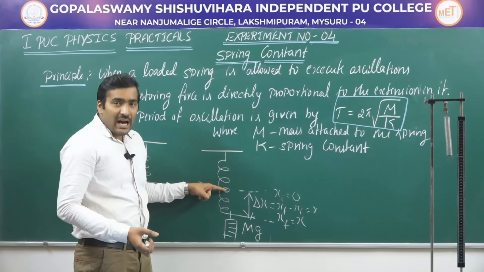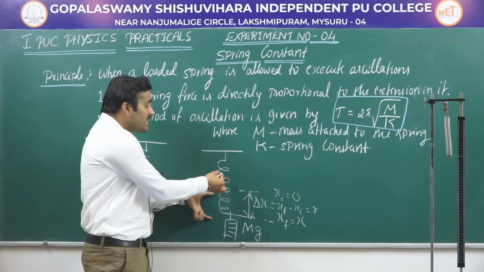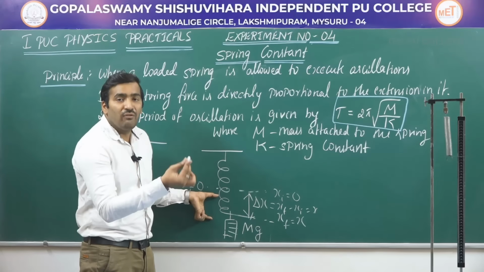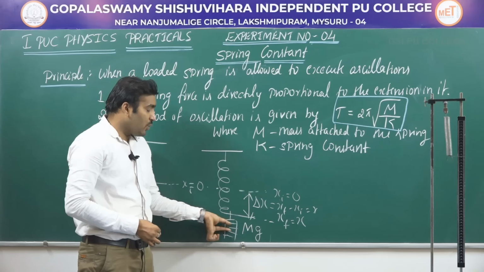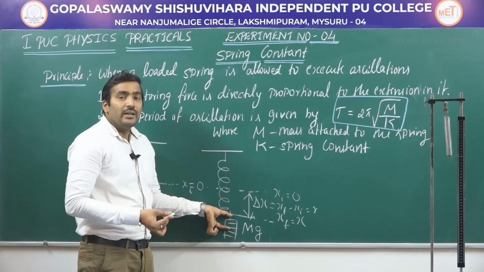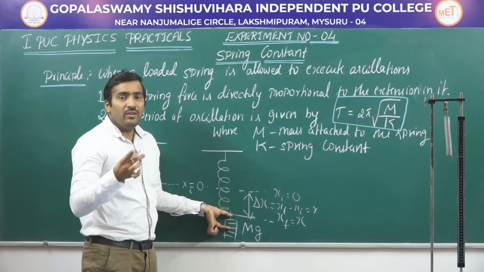When we apply this deforming force to the spring, inside the spring it develops a force which is called a restoring force. So when we deform this body using an external force of m into g, it produces extension, and internally it develops a force which is known as a restoring force.